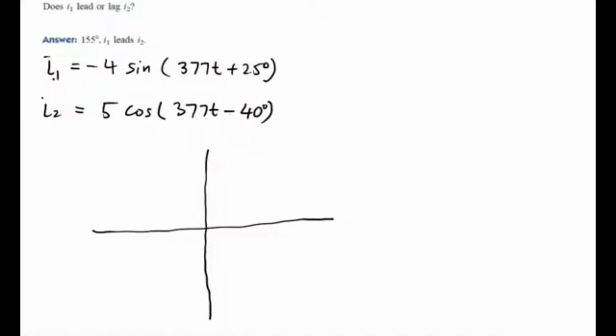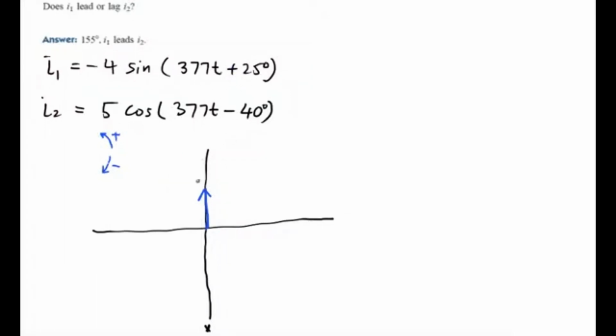For the first signal, I1, it is a sine signal, so this is your reference. Sine negative, meaning you have to put it this way, negative 4. And then the angle is positive 25. You can just redraw the angle representation first in case you have forgotten. This may guide you to draw the phasors that are given to you.